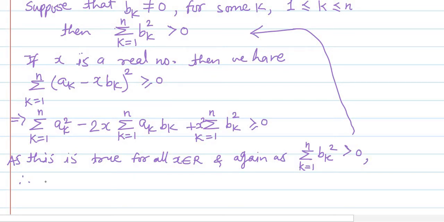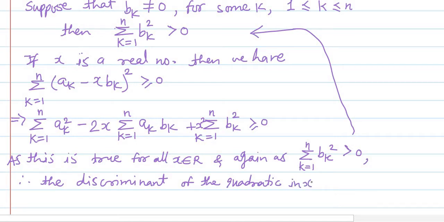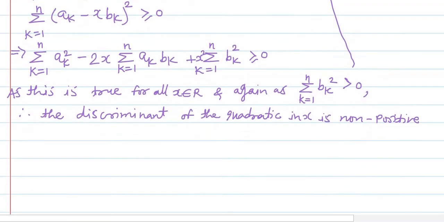This we know from quadratic equations, so b square minus 4ac will be less than or equal to 0.